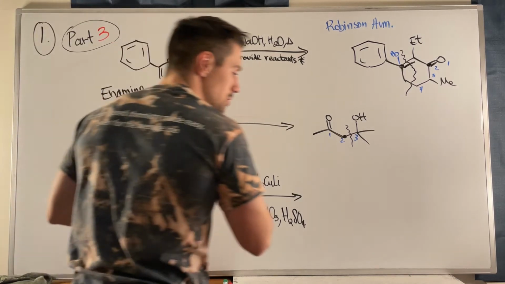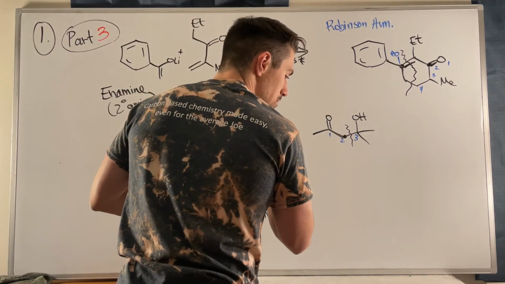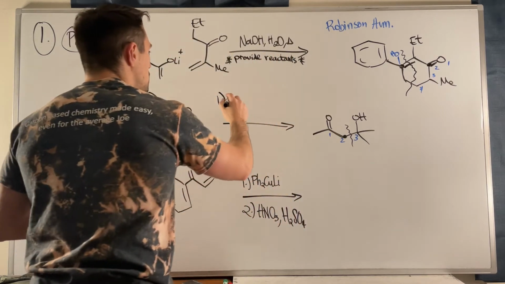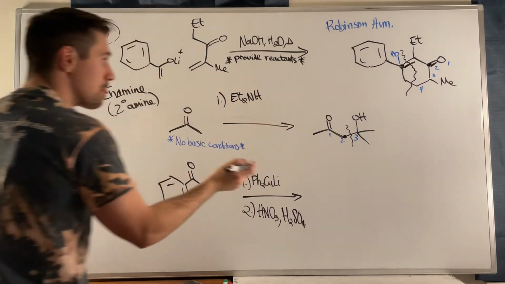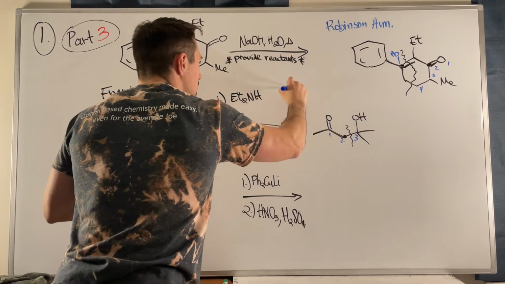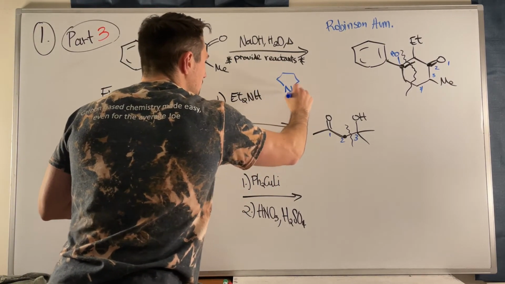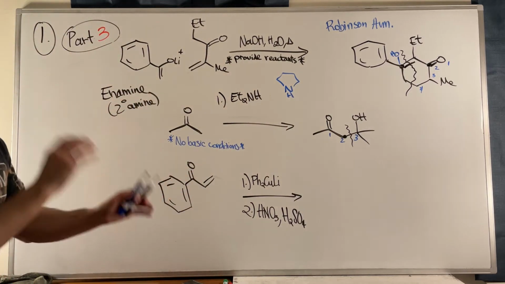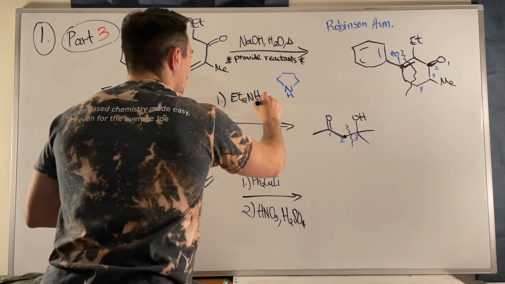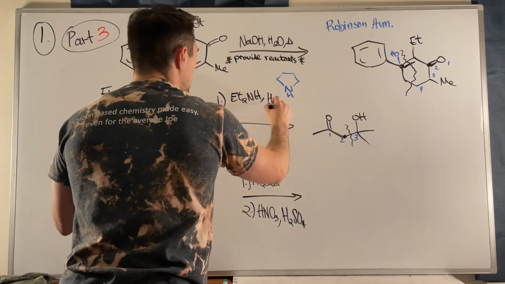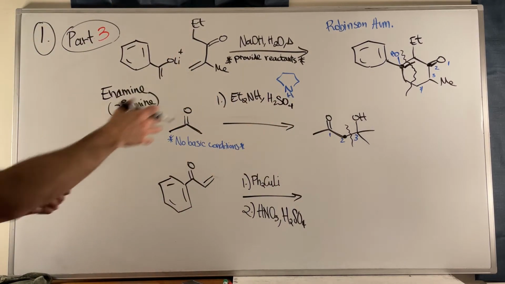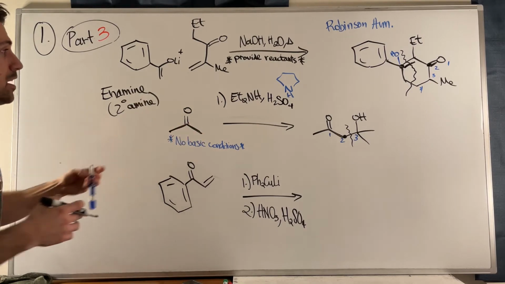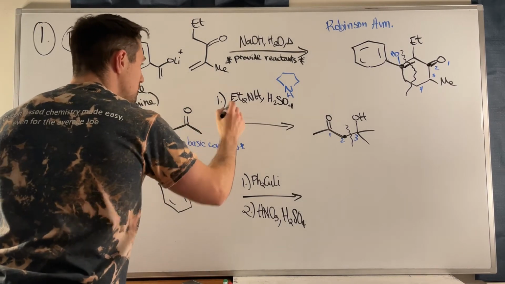You could use diethylamine, or you can use that amine that has the 5-membered ring like this. Just use some type of secondary amine, okay? And then make sure to include acidic conditions. You can write H+, you can use a specific acid like H2SO4. Just make sure to finish off.